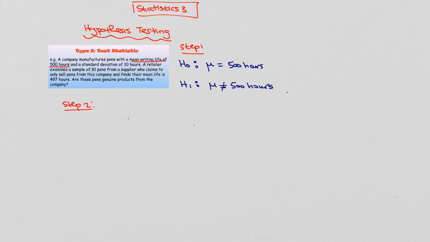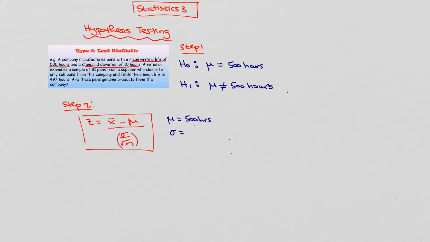To do that, we know that the formula is our sample mean minus the mean, over the standard deviation divided by the square root of n. So what values are we given in the question? Our mean is 500 hours. Our standard deviation is 10 hours. Our sample size is 81 pens.